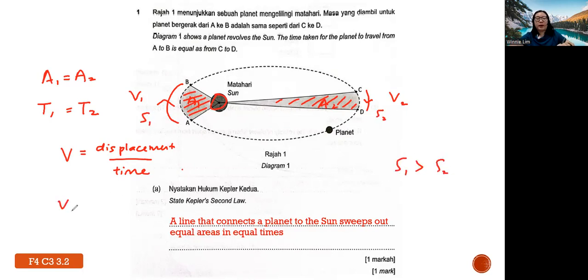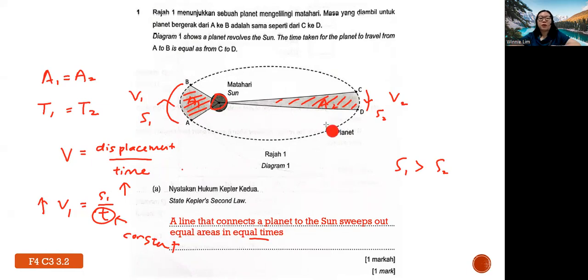Let's say we want to find the speed V1, we get S1 over T, where this T is constant because of equal time. So when the distance is longer, the speed is also faster. If the planet is closer to the sun, it moves faster, but if it is away from the sun, it moves slower.